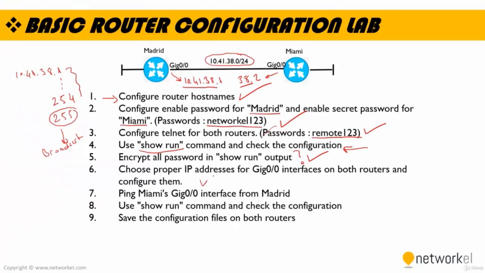That's okay too. And what does this guy want from me again? This guy wants so much. Ping Miami's interface from Madrid. I will go to Madrid and I will issue a ping command to ping here.